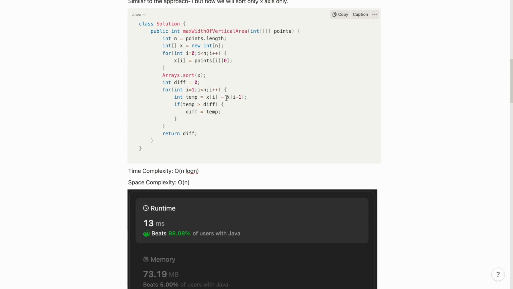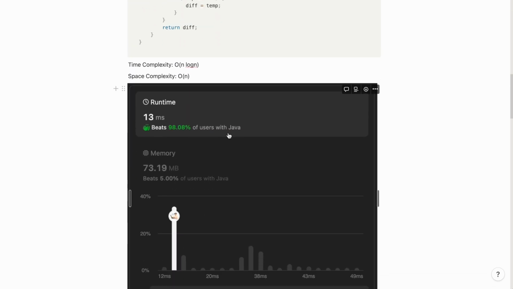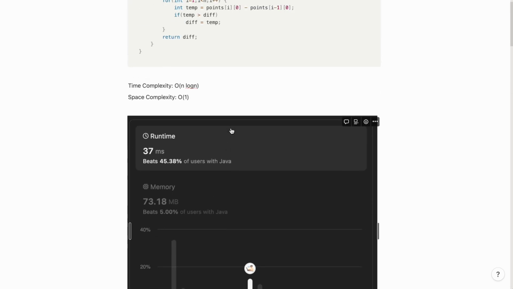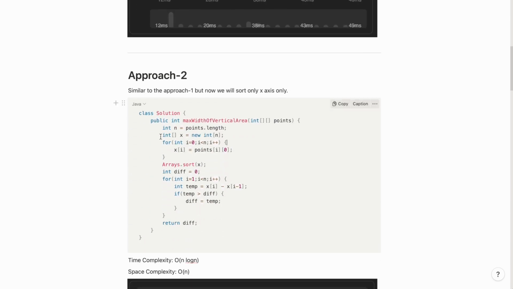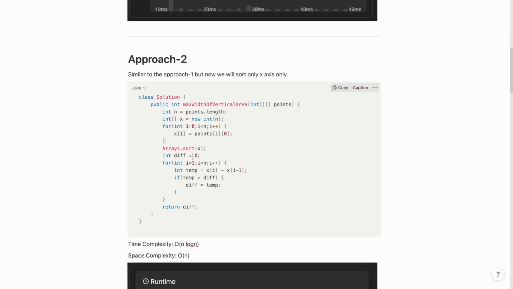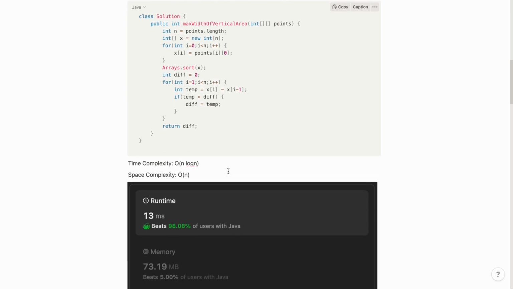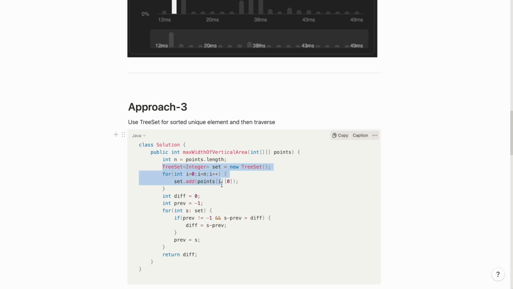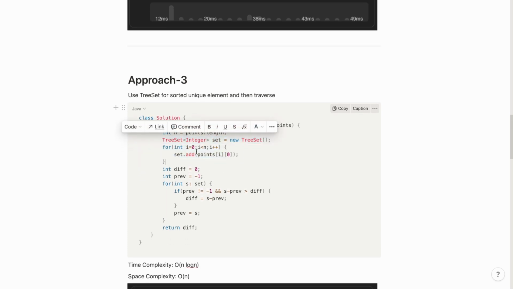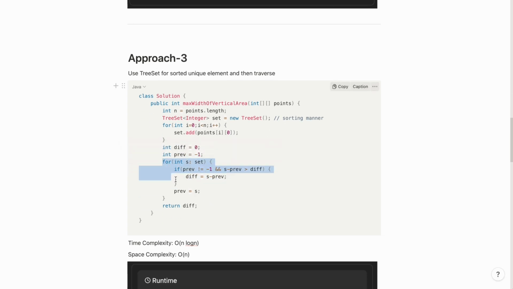When I ran this approach, I got 30 ms, whereas in the first approach I was getting 37 ms. I won't say it is pretty much optimized, but that is how test cases are written in LeetCode. Another approach I have uses a TreeSet. I insert all the points, and a TreeSet keeps them in sorted order. I traverse the set and keep checking the consecutive difference.